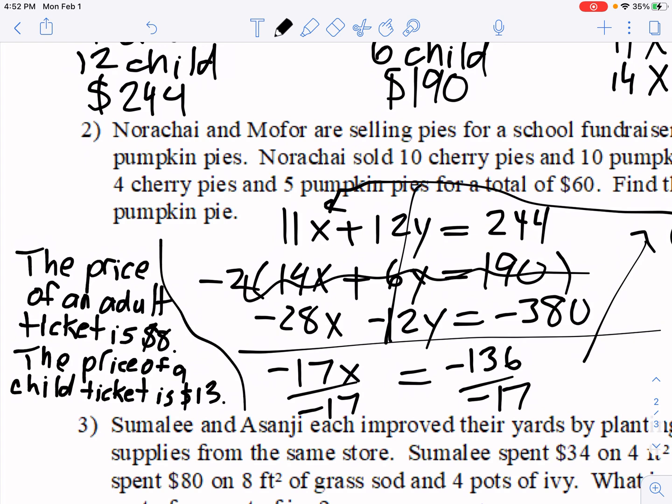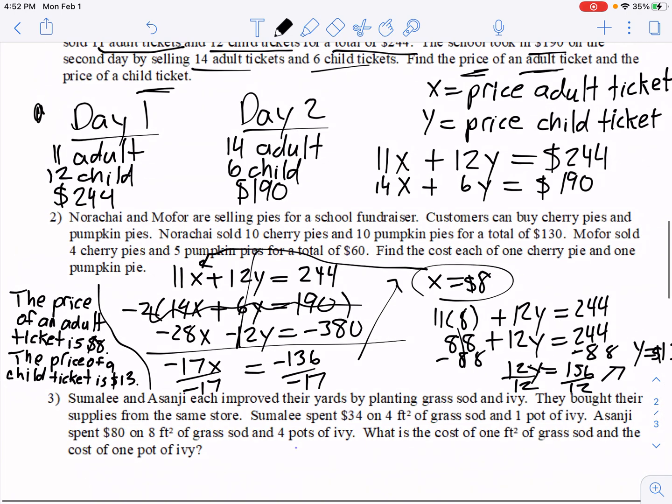Okay? So the price of an adult ticket is $8, and the price of a child ticket is $13. Okay?